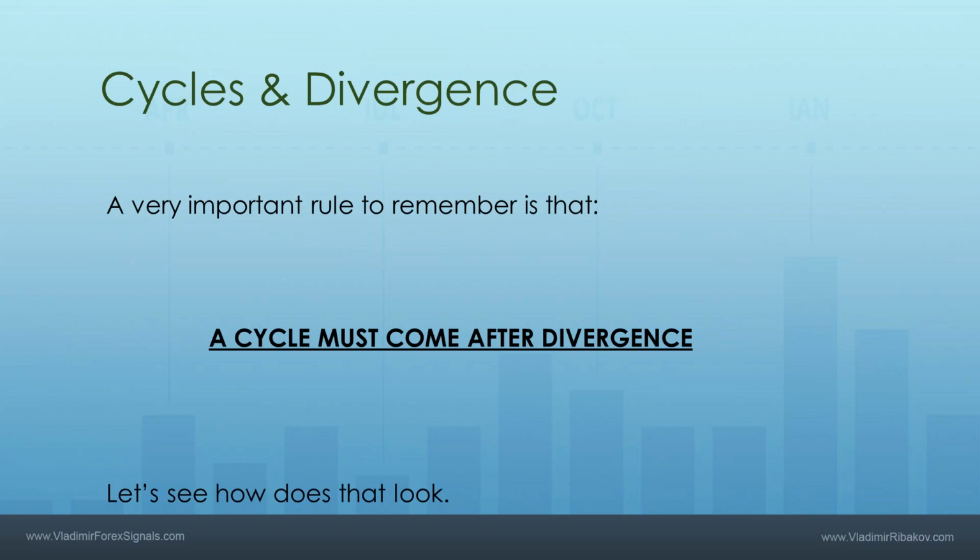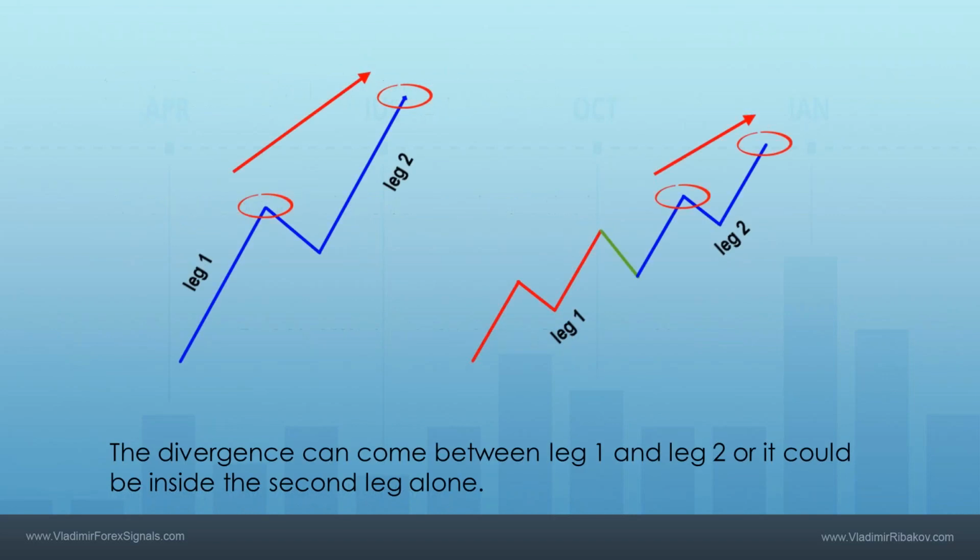And the divergence must appear on the same time frame that the cycle does. Must. So what is divergence? I believe every one of you knows. We have enough webinars about divergences in the media zone. You're invited and encouraged to go and watch them about the divergences, all the types and the differences and so on. But here I wanted you to know a cycle has to come with divergence.